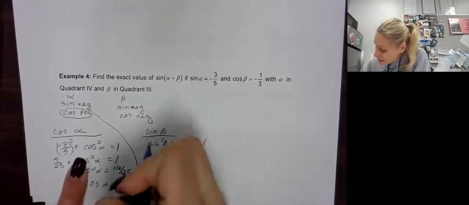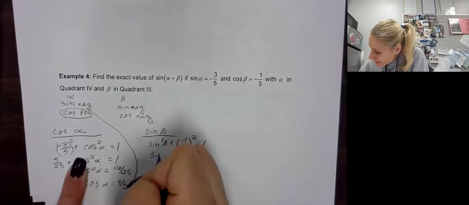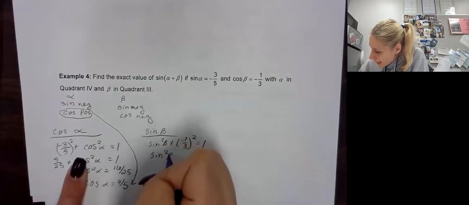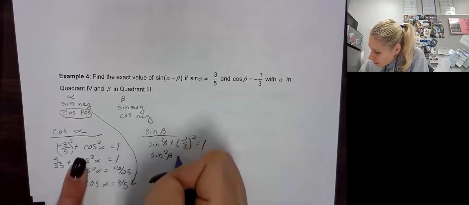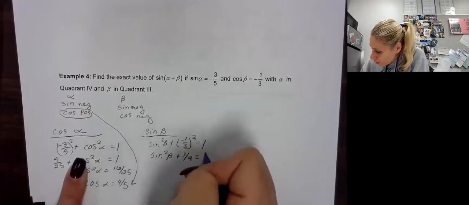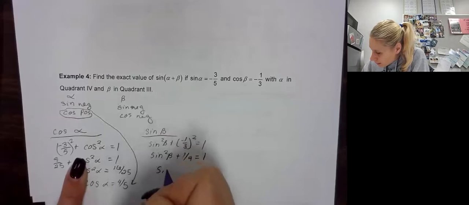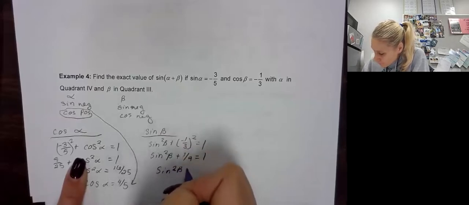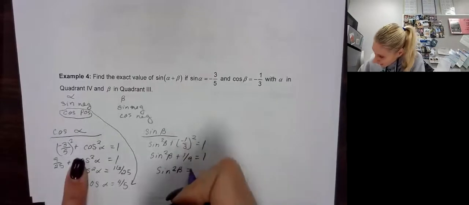Equals 1. Do that next step. So sine squared beta plus 1/9 equals 1. So sine squared beta equals 8/9.